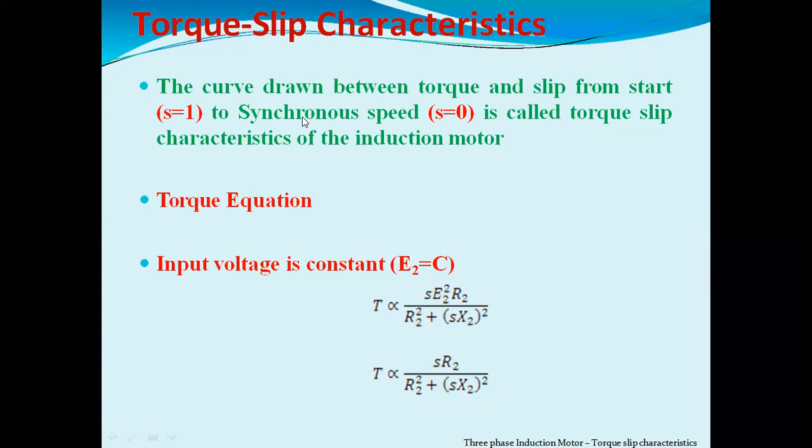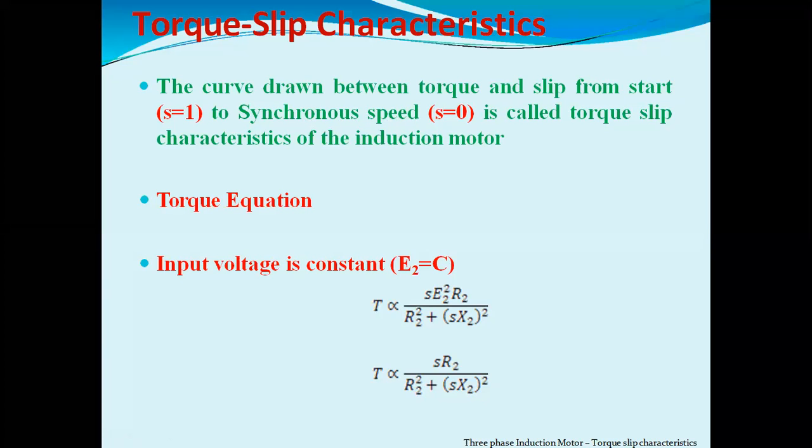At synchronous speed you will get s equal to 0, because when your motor starts, its speed will increase. The value of speed will increase a lot. Which speed? The capital N, the rotor speed, as compared to ns. So at synchronous speed you get slip equal to 0.